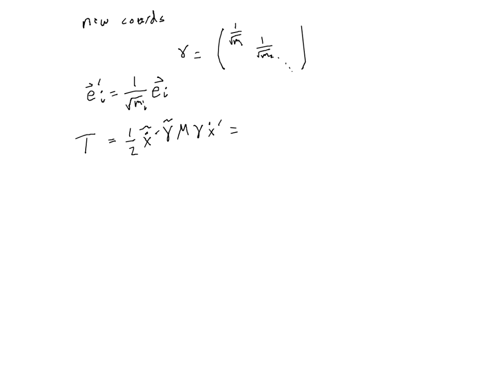Because of the 1 over m terms, they're going to cancel out the M matrix, and we end up with just 1/2 x dot prime transpose x dot prime. For the potential, it's going to take our V matrix, and it's not going to eliminate it, but we're going to change it into another matrix, and we're going to call it A.